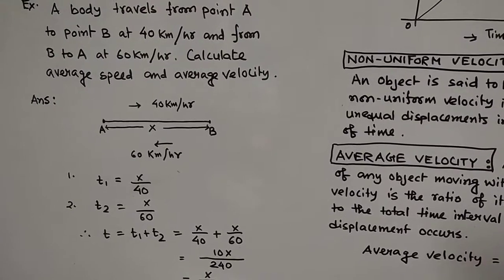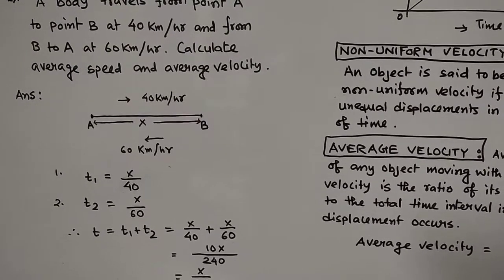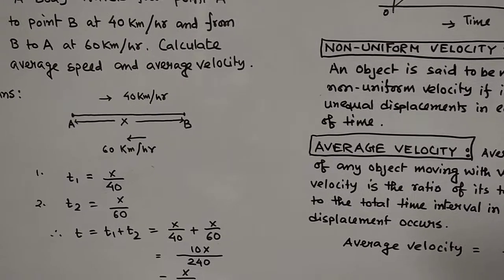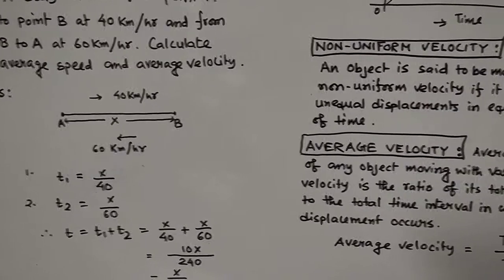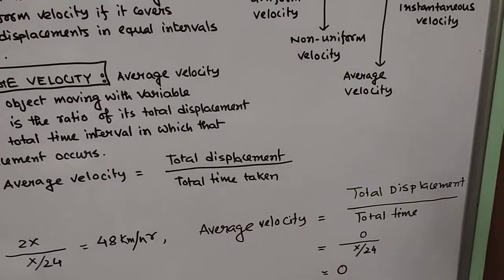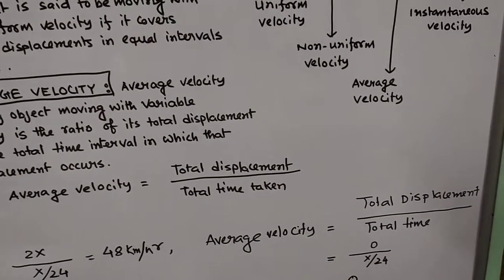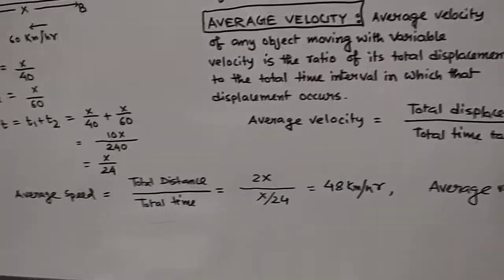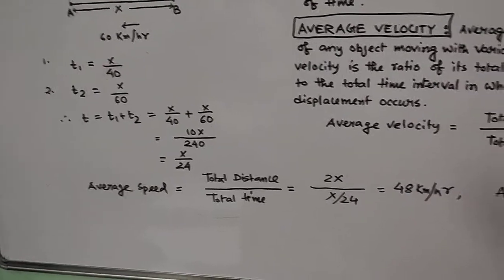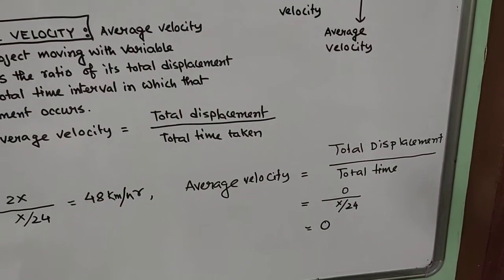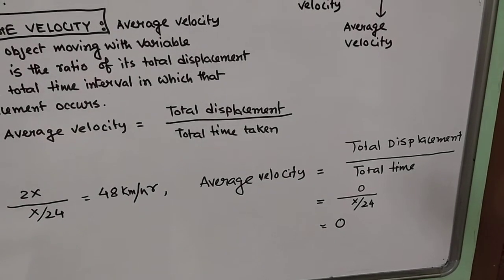Displacement is the shortest path length from initial to final. If you see your previous class, it becomes more clear. Displacement goes to 0 as the object comes back to its starting point. So total displacement is 0, and total time, as we have calculated, is x by 24. So 0 by x by 24 ultimately gives us 0.